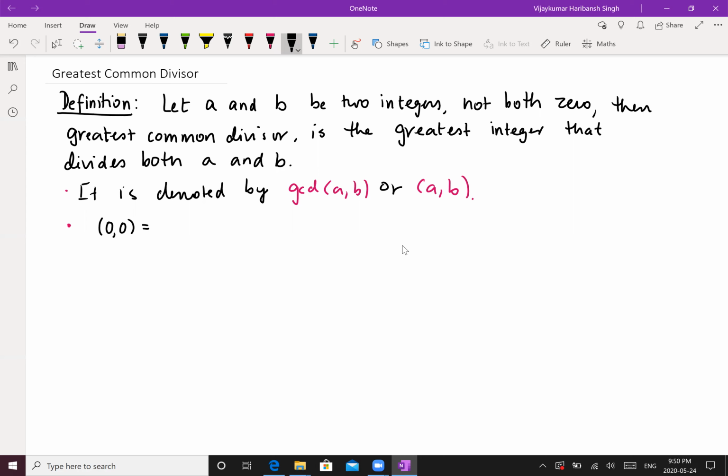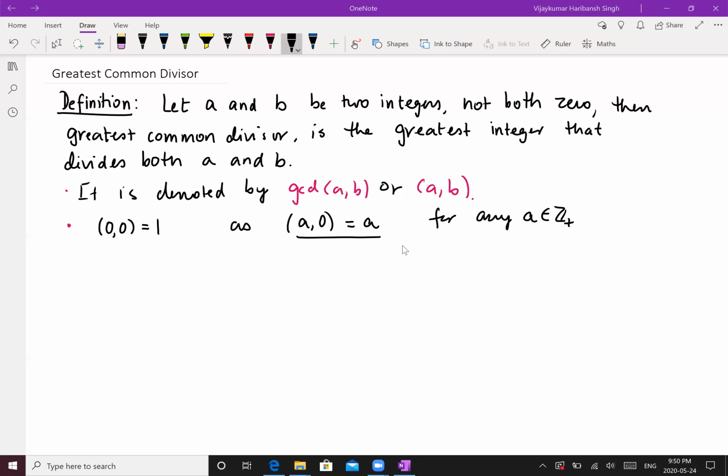GCD of A and 0 is A for any A belonging to Z plus, that means the set of all positive integers. Following this, we can extend the definition to GCD of 0 and 0.